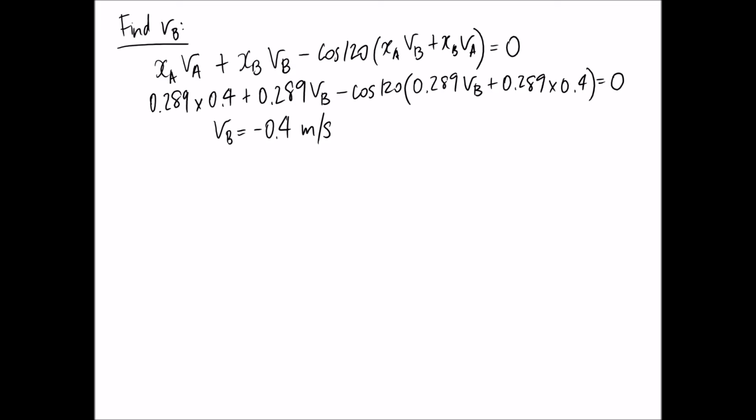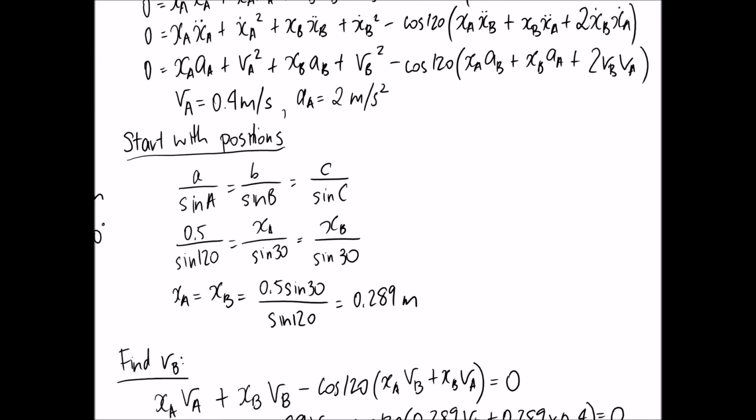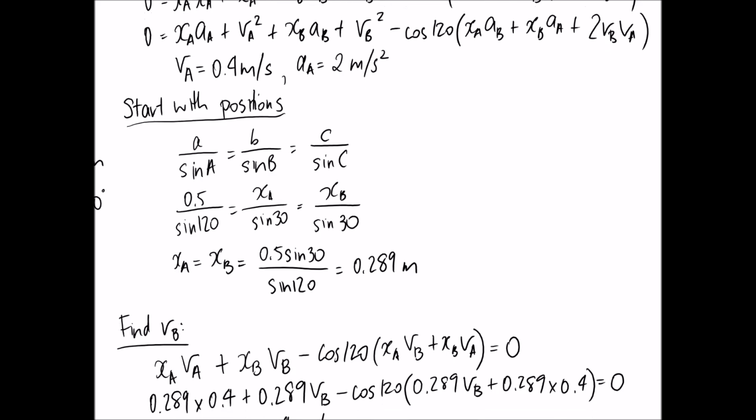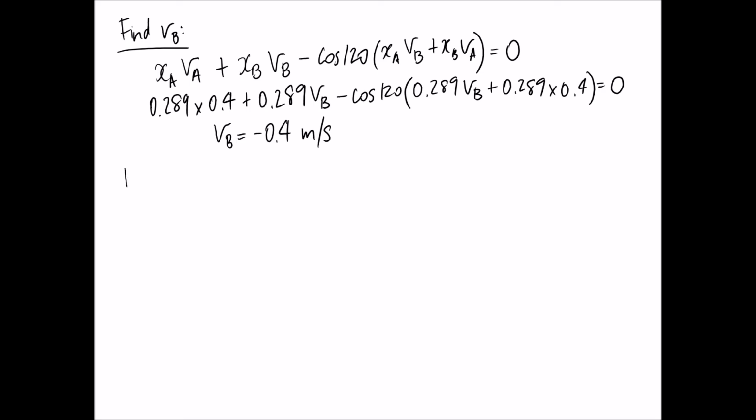Alright, so now that we know all the velocities and all the positions, we should be able to jump back to our equation for acceleration up here. And we can substitute everything into it, and the only unknown is actually going to just end up being xb, because we were given what the acceleration of a actually is. So jumping down here, I'm just going to substitute into the equation.